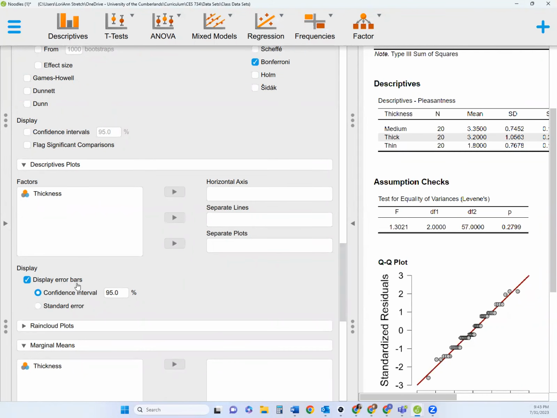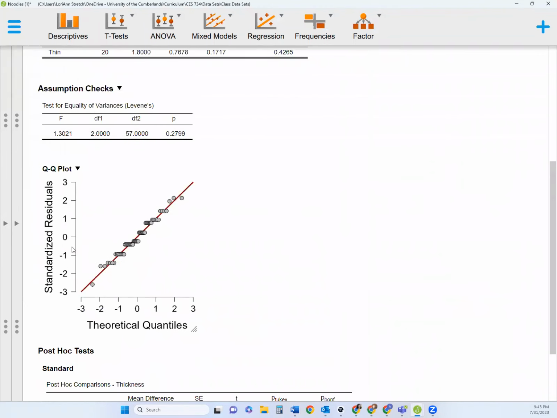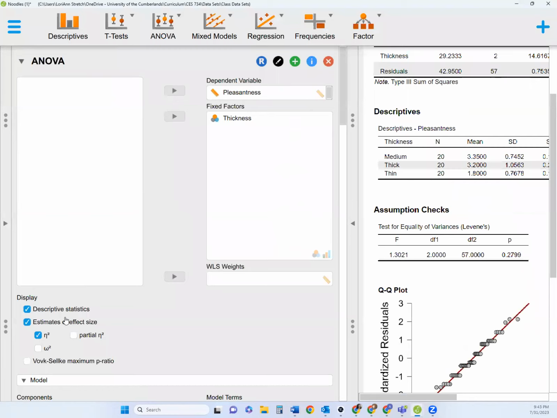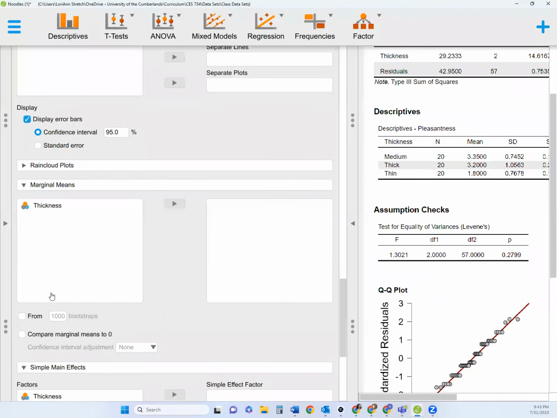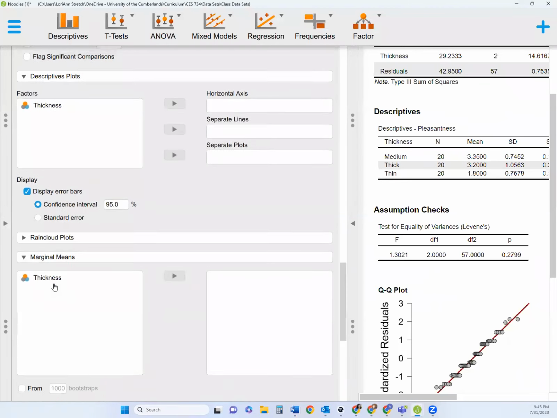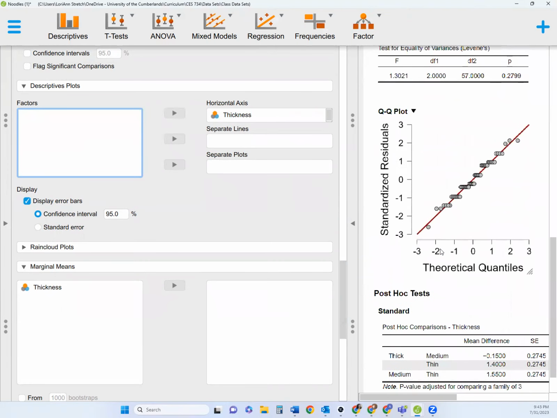Oh, error bars. There's our error bars. So let's take a look at those. So did they come up? Oh, you have to move thickness over to the horizontal for it to do the error bars.